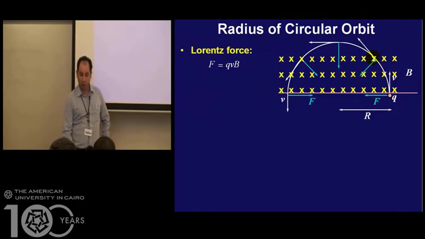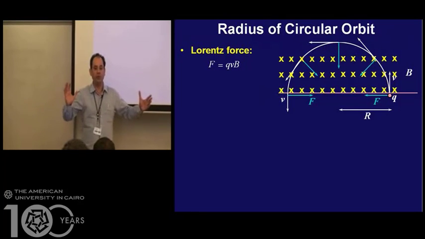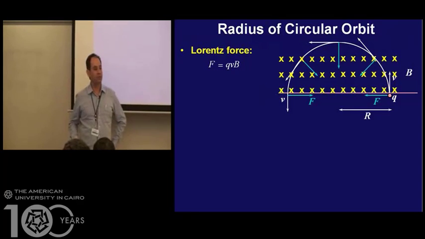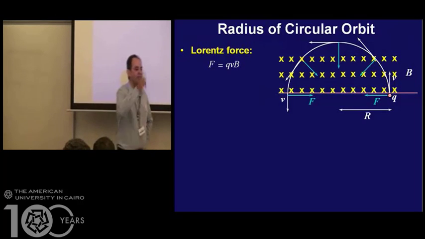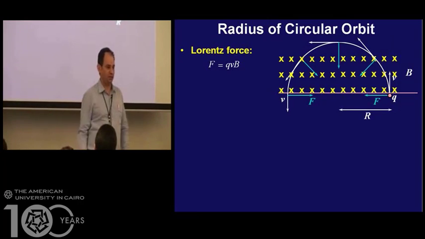So the angle between the force and displacement is always 90 degrees, and there is no work done by the magnetic force. And think about it. If there is work done, that will change the kinetic energy. If the kinetic energy changes, speed will change. And that does not happen.